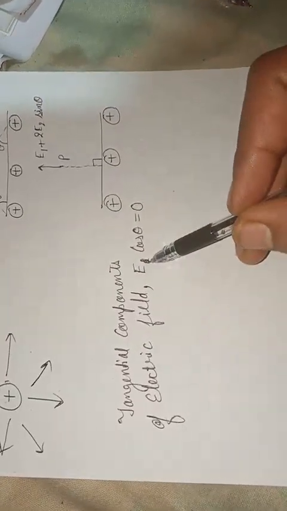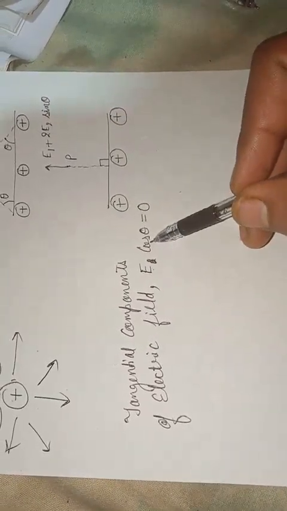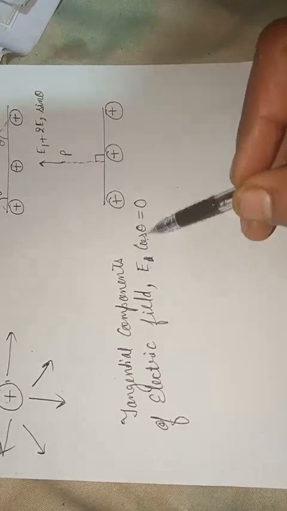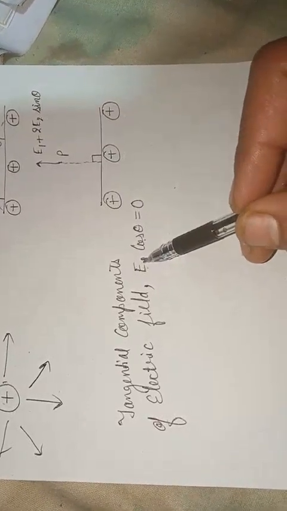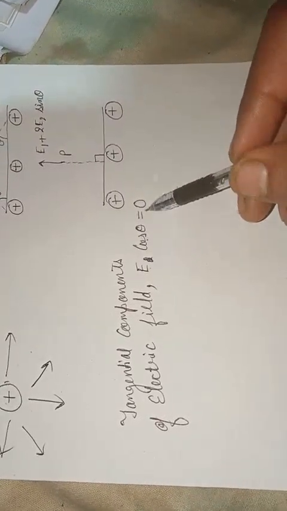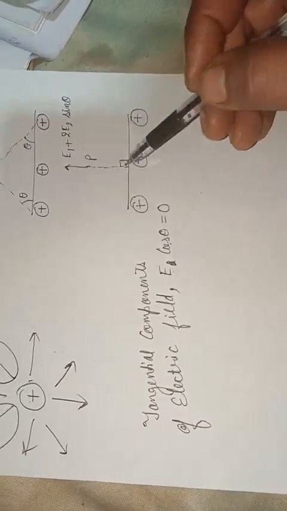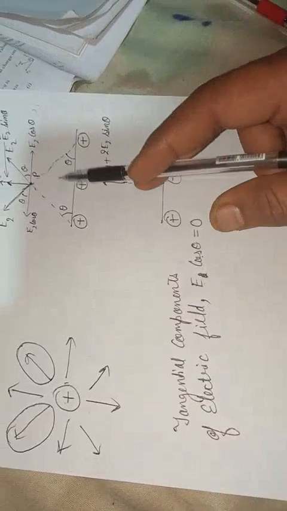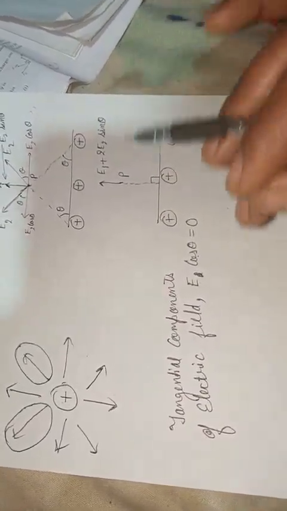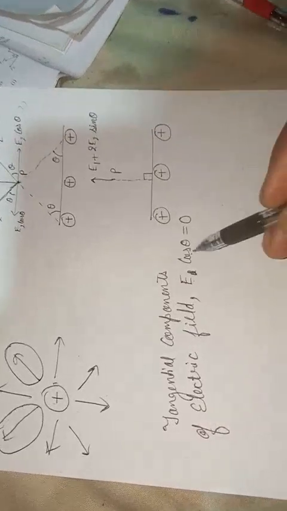Now E and cos theta are in a product. If their product is 0, then either E is 0 or cos theta is 0. As we can see in the diagram, E is not 0 because there is some electric field due to this charged particle. So the value of the electric field is not 0.